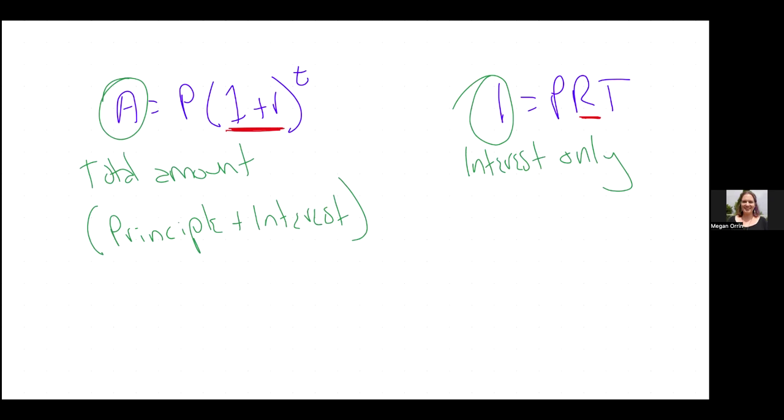So here we're timesing P by 1.02 if it was 2%, but here we're timesing P by 0.02. So see how this includes the principal, but this doesn't? That's why this gives you interest only, and this will give you the total amount. Hopefully that's helpful information.